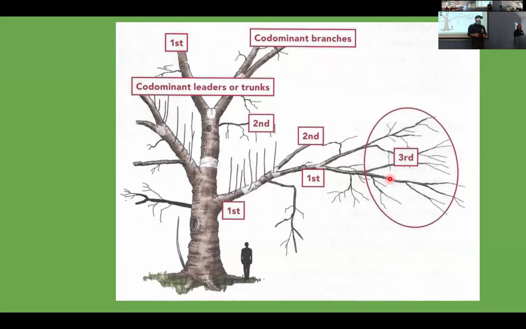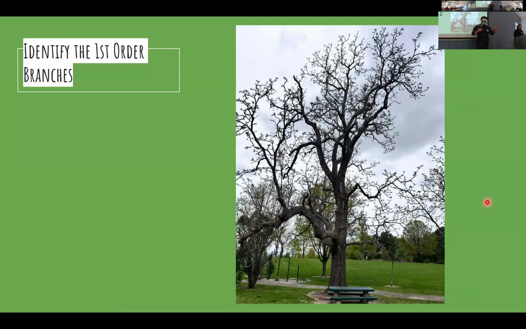Now, I will admit, this can be easy to use if it's really clear to see what a first order branch is. But when you have multiple trunks, it's a little bit hard to see.